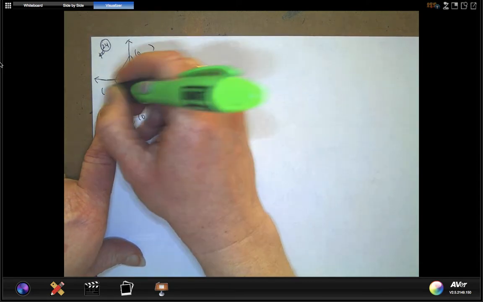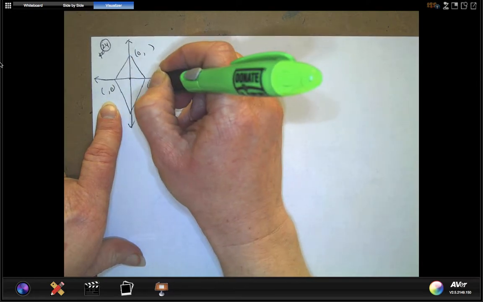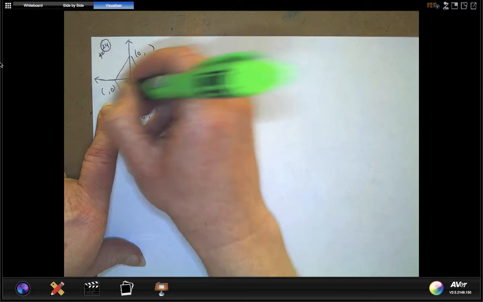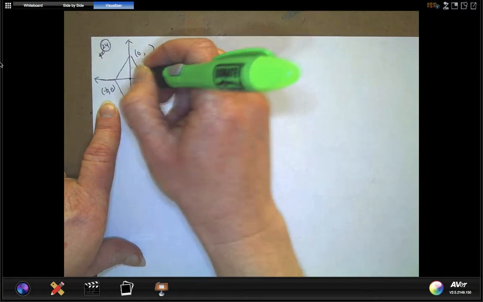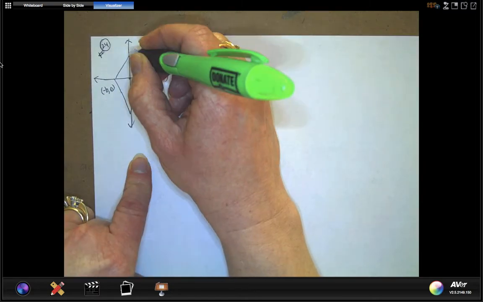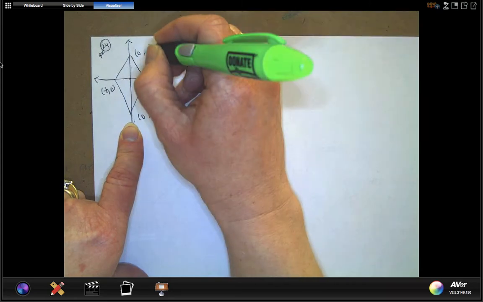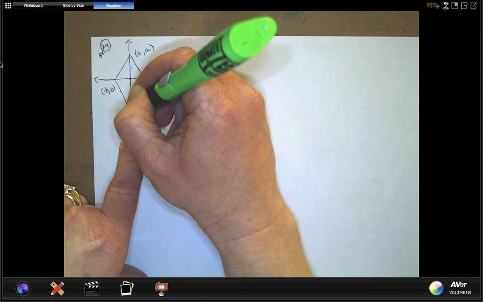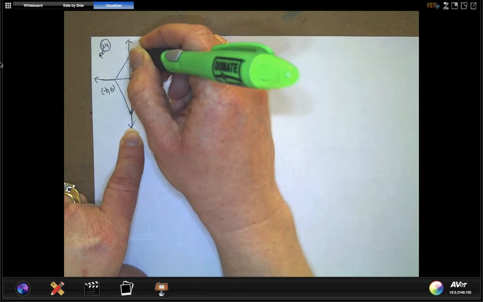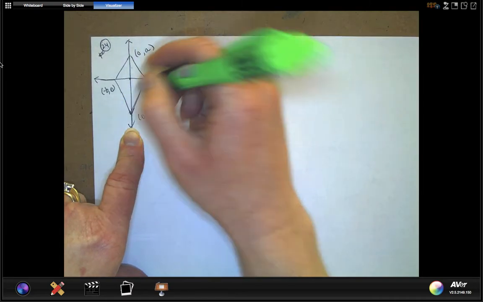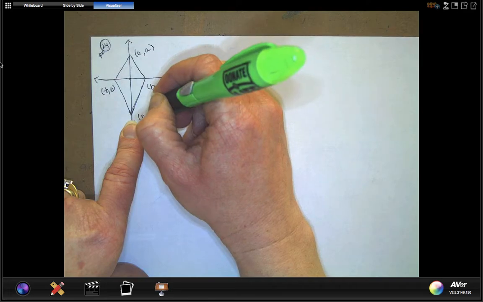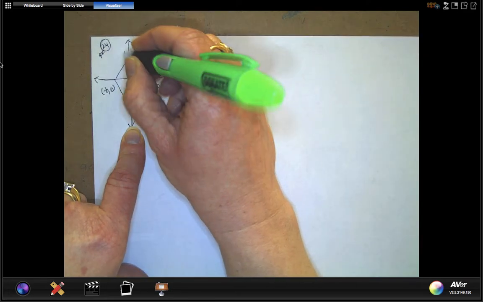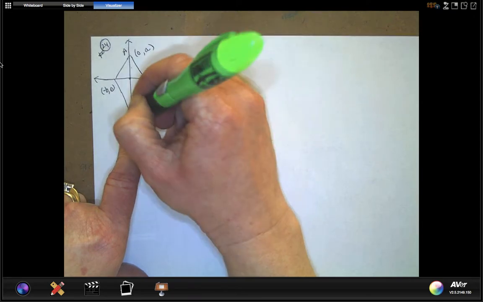So I'll call this B, and this is negative B, because the distance from the origin is the same. Up here I'll call this one A. Down here in the kite, it's not going to be the same distance away. If it was a rhombus they'd be the same, but it's not. So I'll call that one C. I labeled this A, B, C, D.